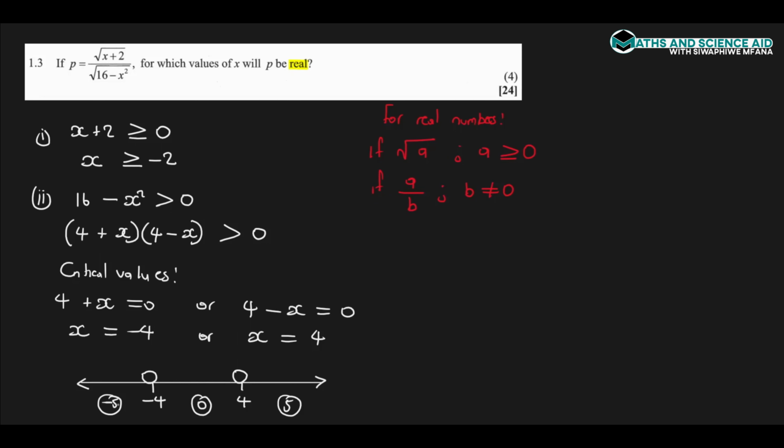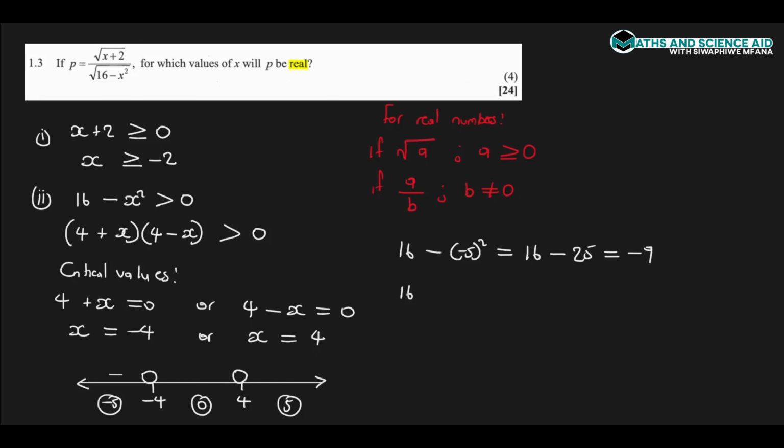So now let's just substitute in these values into the original expression. So what is 16 minus negative 5 squared equal to? Well, that will be 16 minus 25, and 16 minus 25 is negative 9. So our expression is negative for values of x that are less than negative 4.